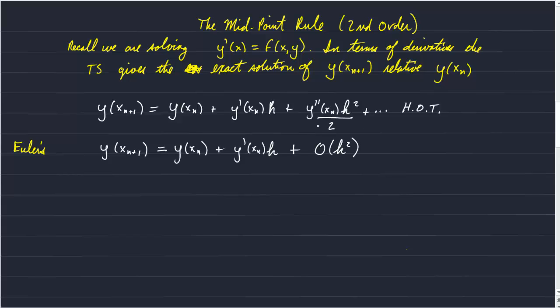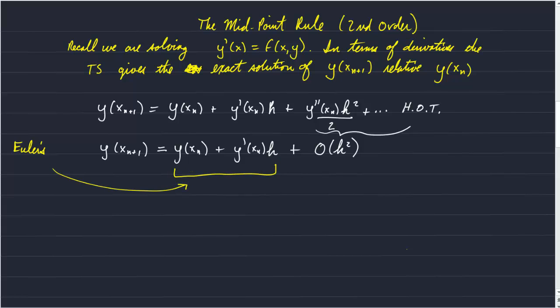Remember, we could describe the remainder as the second derivative evaluated at the right point between x n plus 1 and x n, such that it perfectly described the remainder. So Euler's method used these first two terms, okay?